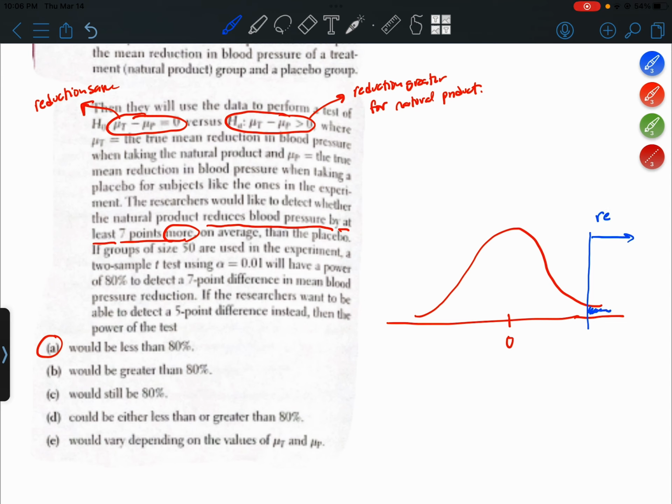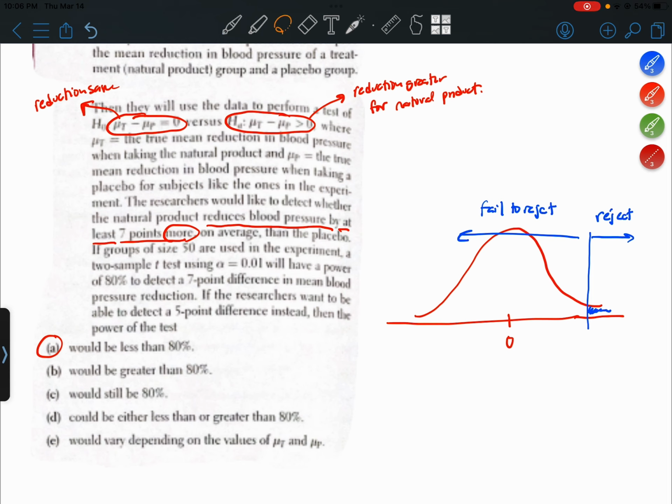So this is the boundary value for rejecting. And if we got a value that was not in the top 1%, then we would fail to reject. So this boundary value is pretty important.